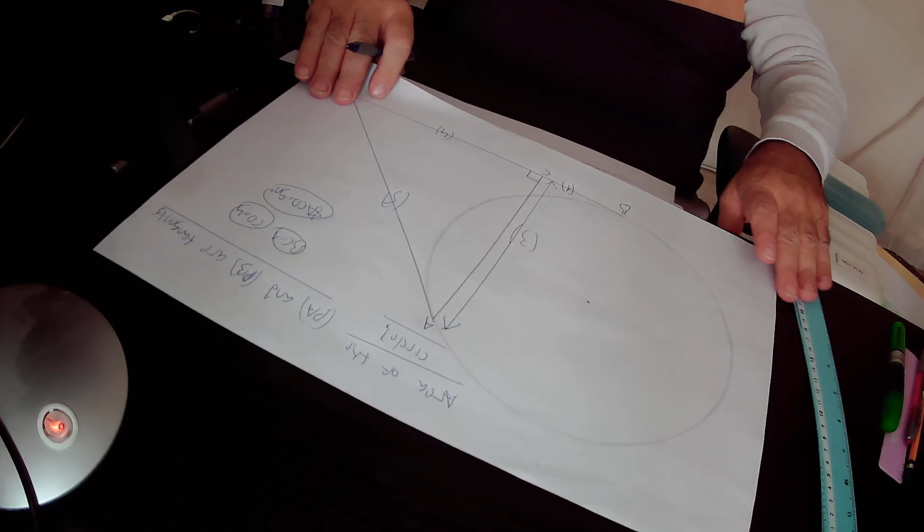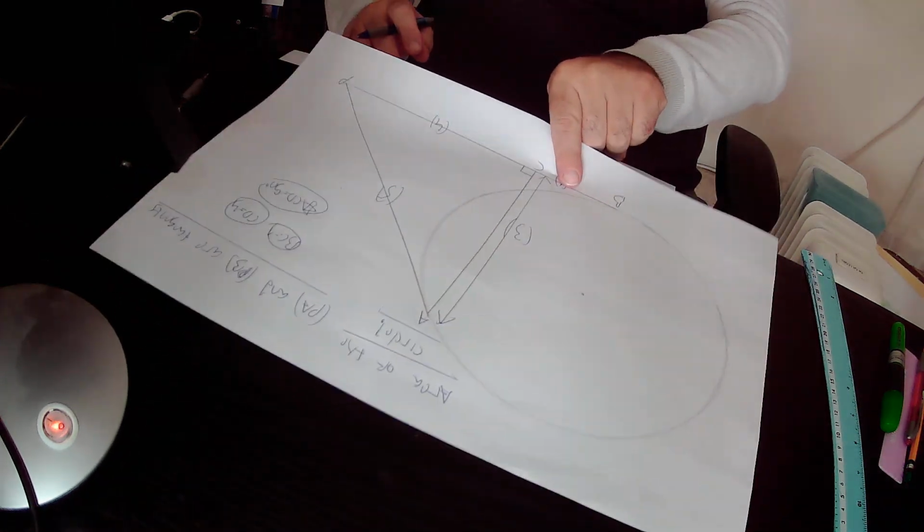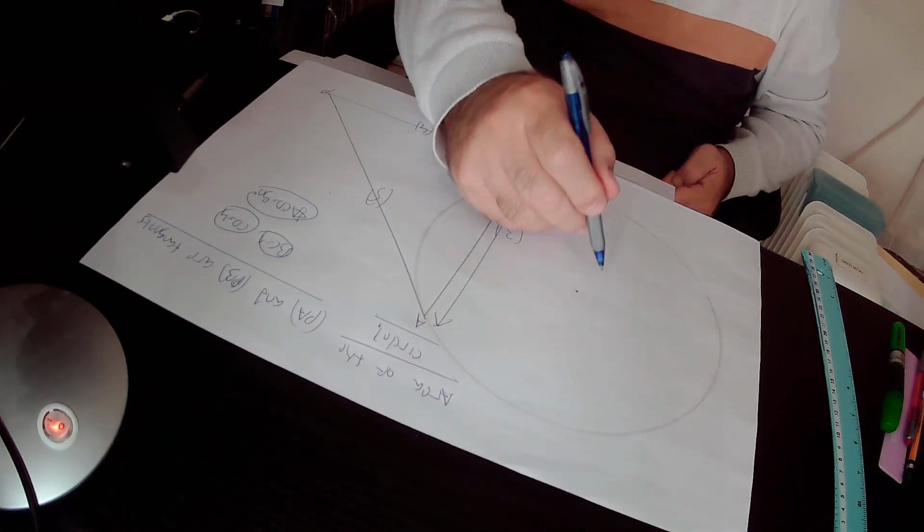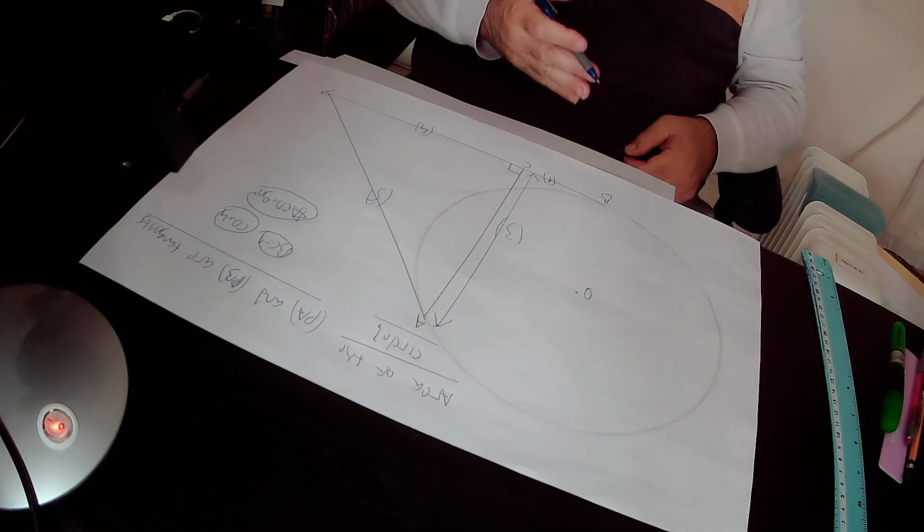In the next step, we define the center of this circle. This point is point O, and we define the radius of this circle as x.